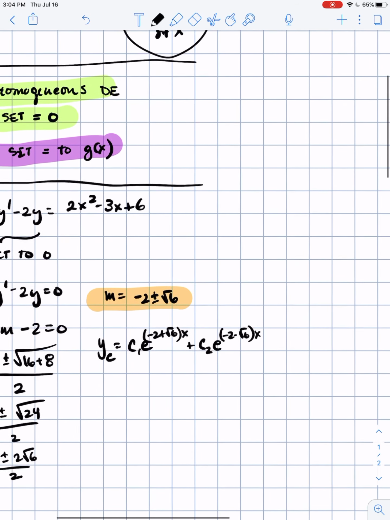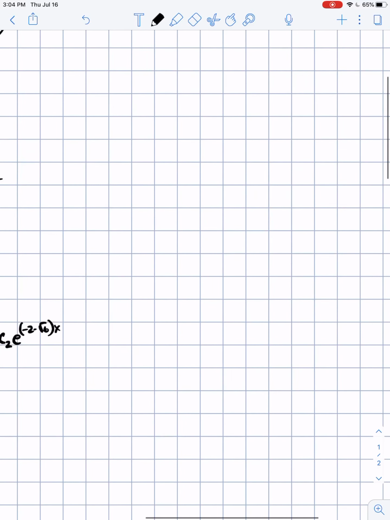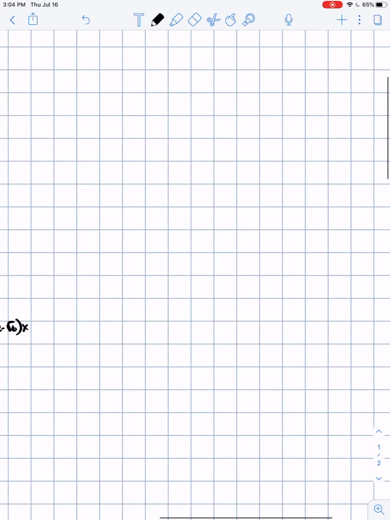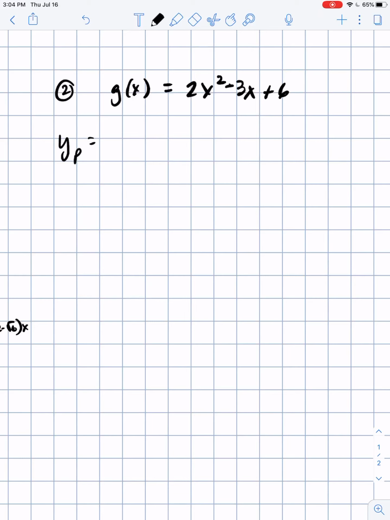Part 2. Because g of x is quadratic, 2x squared, we start with saying y sub p is going to be in the standard form of a quadratic, which would look like this: ax squared plus bx plus c.